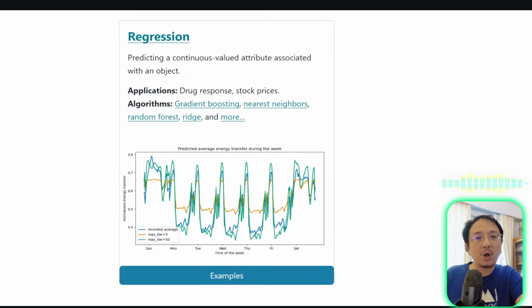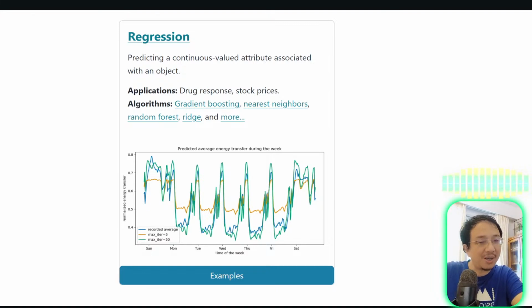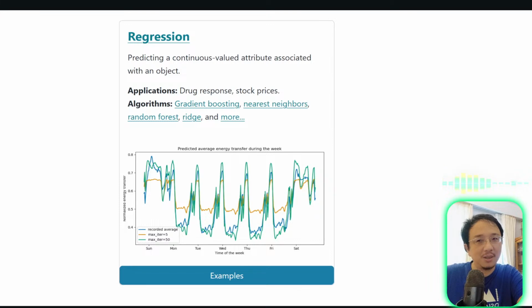But if you are going to predict the final score, like in basketball, maybe it's 90 versus 85, the score is a sort of continuous thing. Mathematically speaking, they are discrete because they are integers. But they are still numbers.